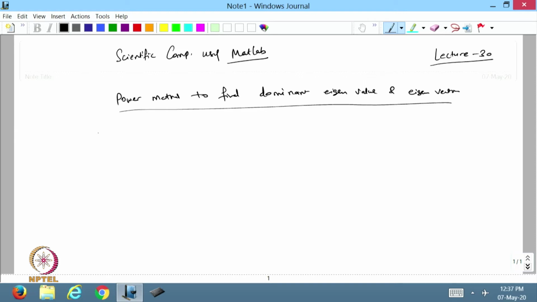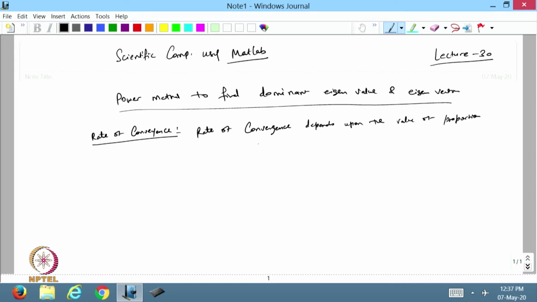So, from the convergence rate, the rate of convergence basically depends upon the proportion lambda i's by lambda 1, because lambda 1 is the dominant value and these lambda i's are all the other values.